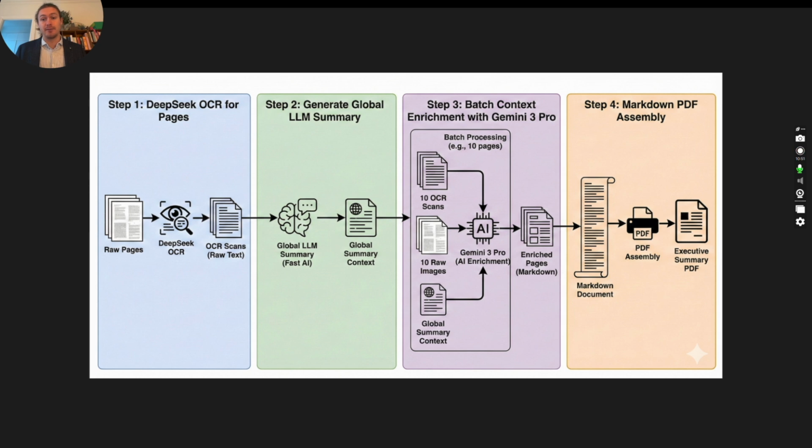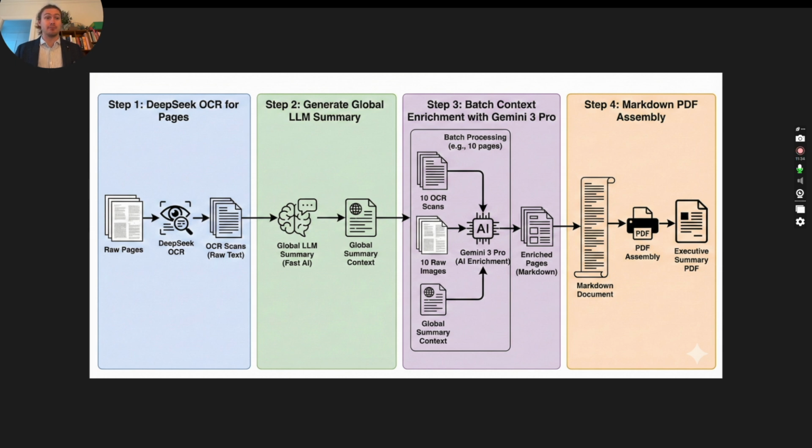So when Gemini 3 Pro makes its enrichments, it knows what the overall report is about and how it should handle that. Then we batch up 10 scans at a time, put them with the raw images of each page and the global summary into a Gemini 3 Pro call, and ask the LLM to enrich each page with all the visual hidden content on the page, and then it creates the enriched pages in Markdown.